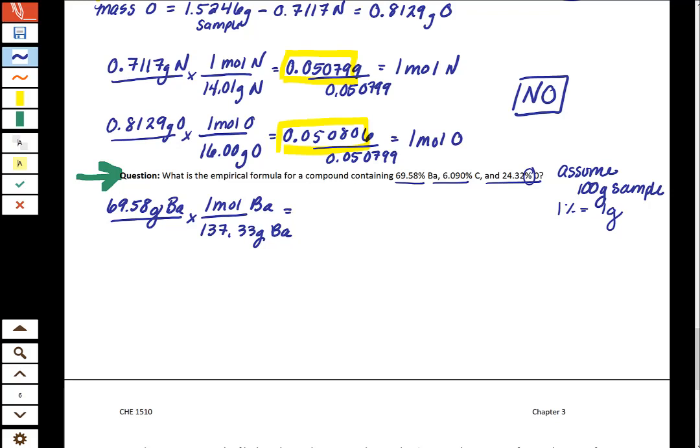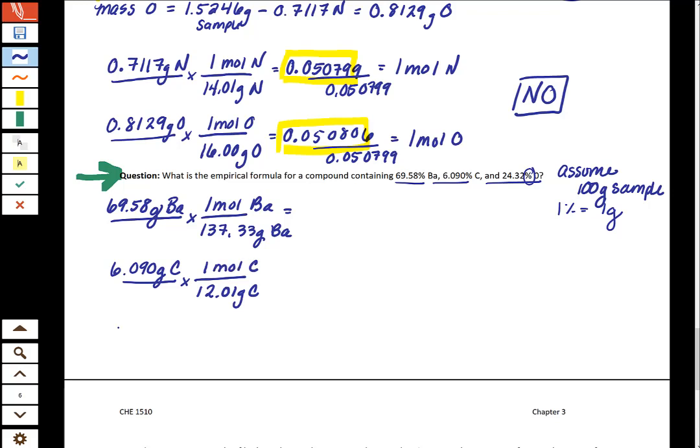And so we're going to do the same thing for carbon. We're going to take your 6.090%, put a gram where the percentage is, because we're assuming a 100-gram sample. So in your 100-gram sample, 1 percentage point is going to be equivalent to 1 gram. And then we'll divide by the molar mass of carbon to get our moles of carbon.